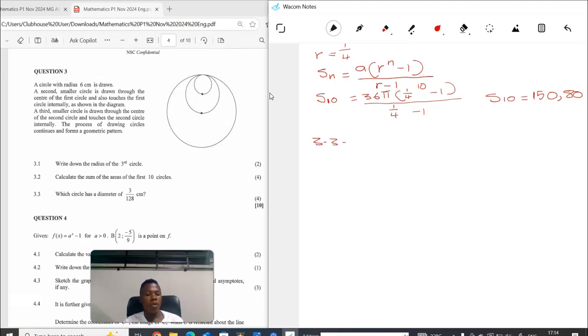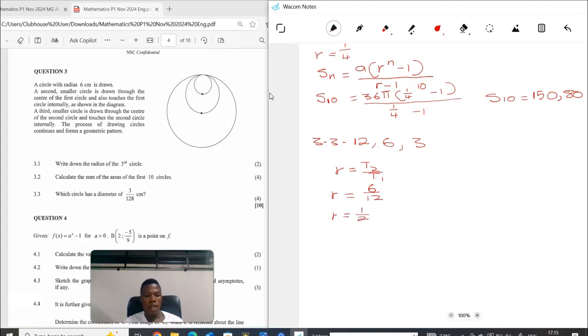Question 3.3 says which circle has a diameter of 3 over 128? It means you must form a pattern. I know that the diameter for the first circle is 12, for the second one it is 6, and for the third it is 3. For r, it is T2 divided by T1, so r is 6 divided by 12, which is 1 over 2.